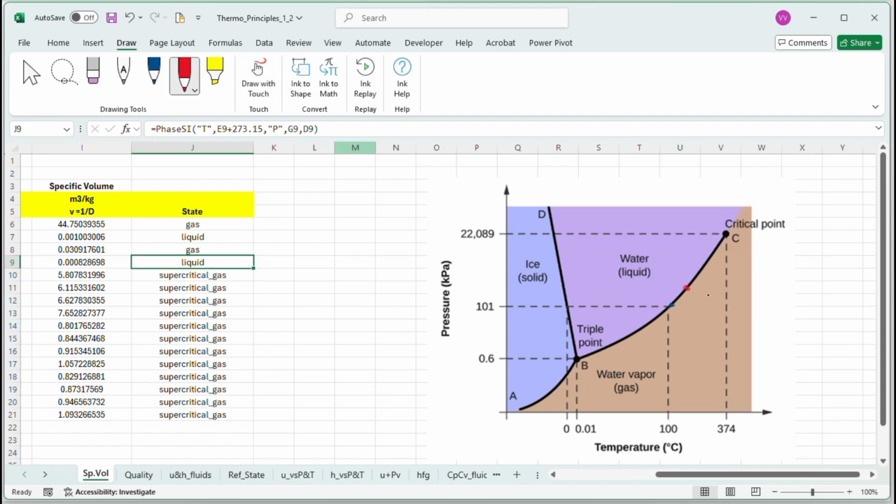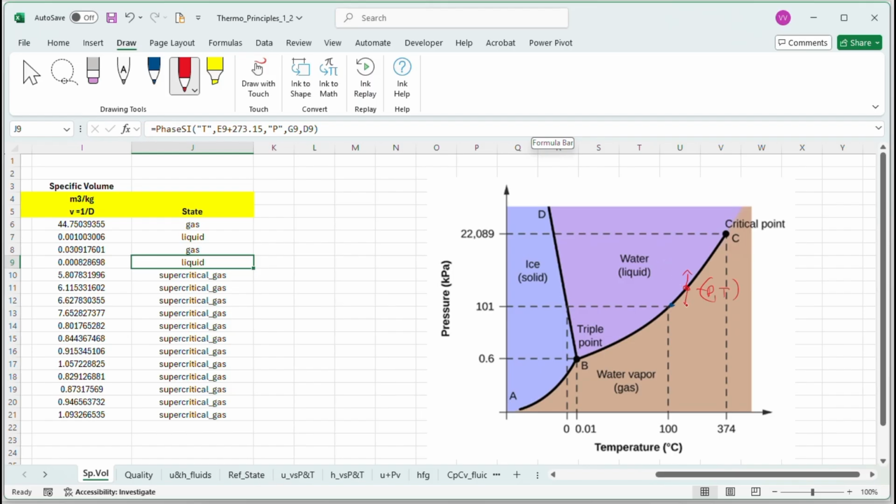Let's say you picked a point here. Now, if you want the properties of a liquid, you have to find this particular pressure and temperature, and you can increase the pressure from that point to get the liquid's properties.